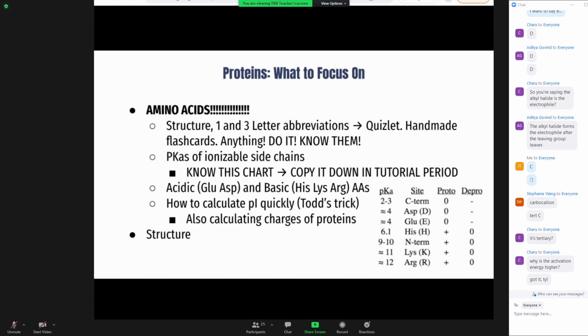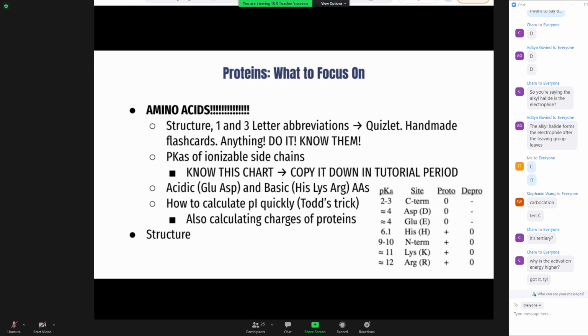Amino acids. I know you've definitely had this lecture already, and Todd has probably said this a million times, but absolutely know the structure extremely well, know your 1 and 3 letter abbreviations extremely well, know the properties of your ionizable amino acids and your acidic and basic amino acids. Just know everything that you possibly can about your amino acids.